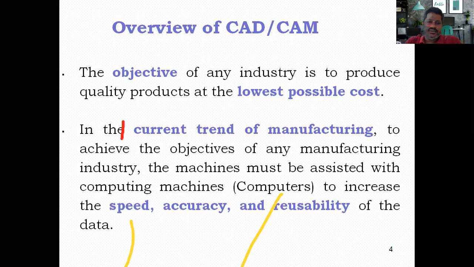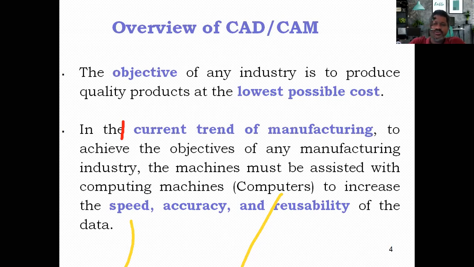Now let me discuss the overview of CAD/CAM. Take any firm or industry: the objective of any industry is to produce products with the lowest possible price.